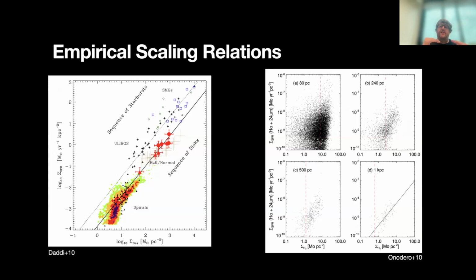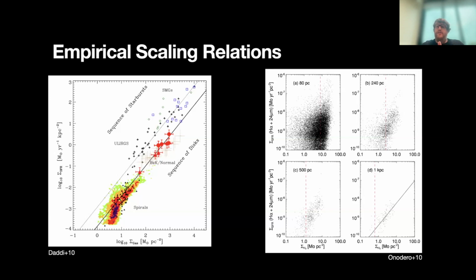But then if we start to use starbursts, so more star-forming galaxies, as expected you would see the star formation rate is a bit higher than its surface density of gas, and these don't fall onto the same relation. So we're immediately seeing in these scaling relations that we can't completely explain star formation. We can explain it in spiral galaxies, and in more evolved disks, but we can't explain it in these starburst systems. So that is not working on that scale.